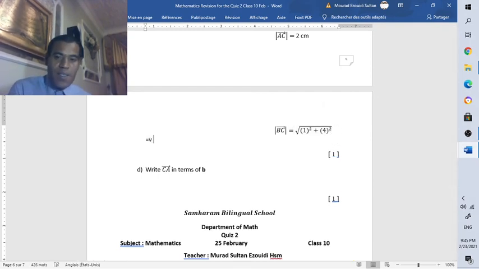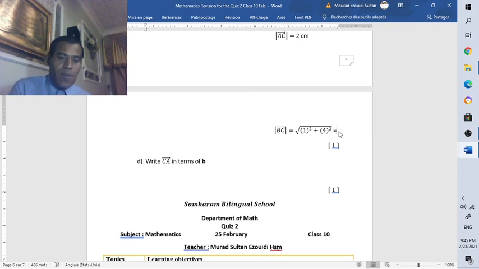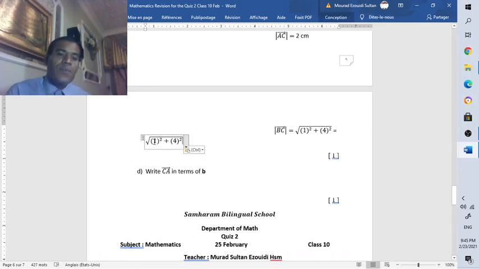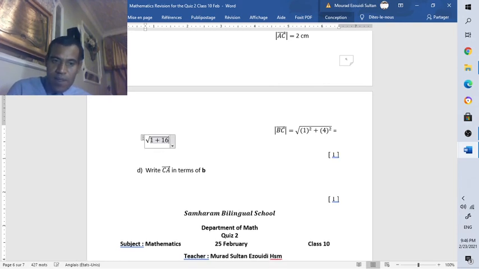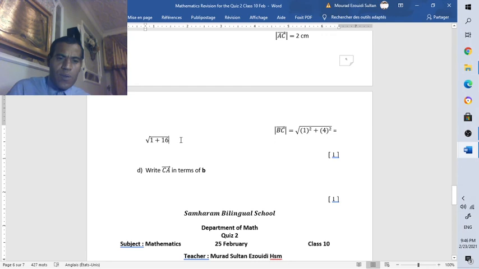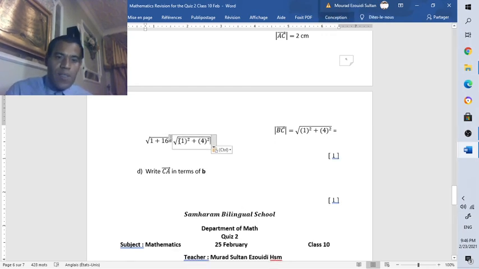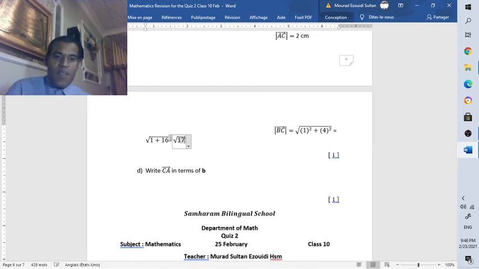Just calculation: 1 plus 16 is equal to 17. Leave your answer as a surd, in units or centimeters.